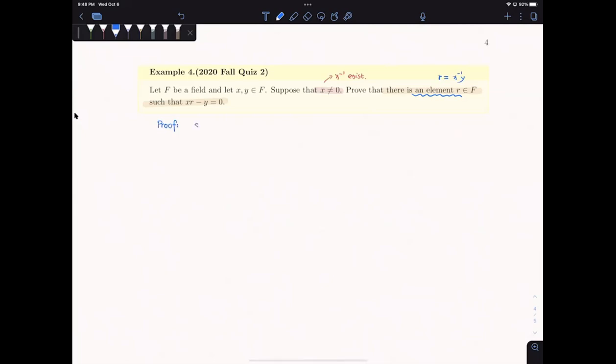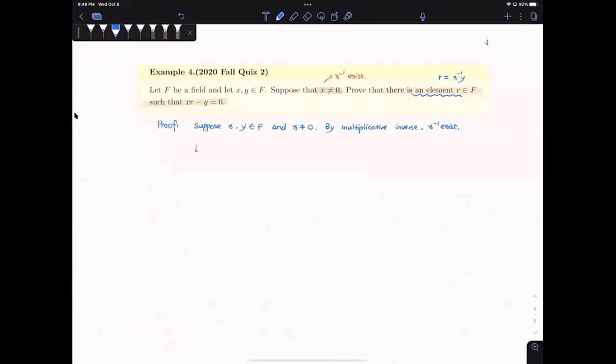I'm gonna suppose x, y are in F and x is non-zero. And you can say by multiplicative inverse, we know that the inverse exists. X inverse exists. So we know this exists.